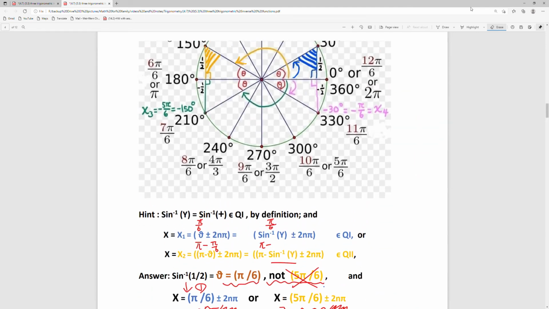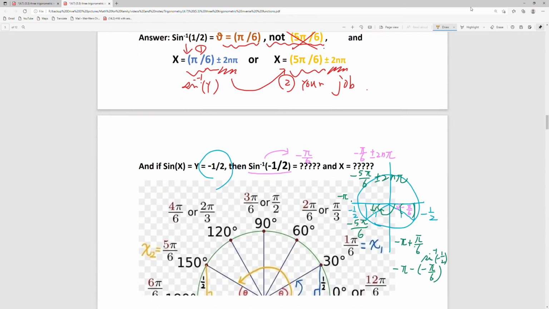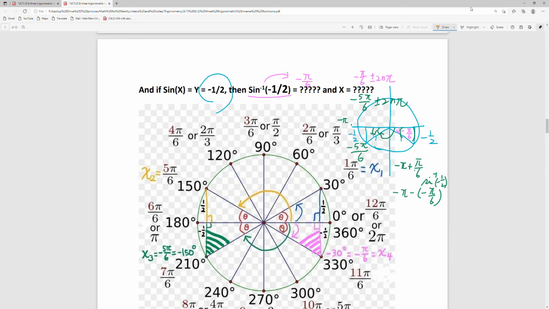Negative, yes. And yes, sine function positive is on quadrant 1 and quadrant 2. And when you have a negative value, then you have quadrant 3 and quadrant 4.